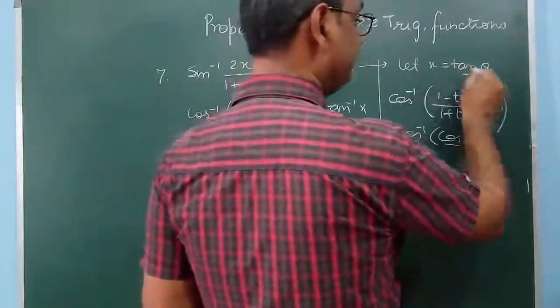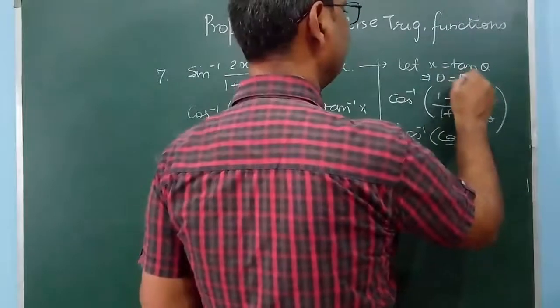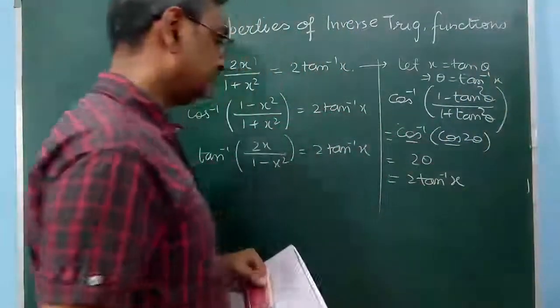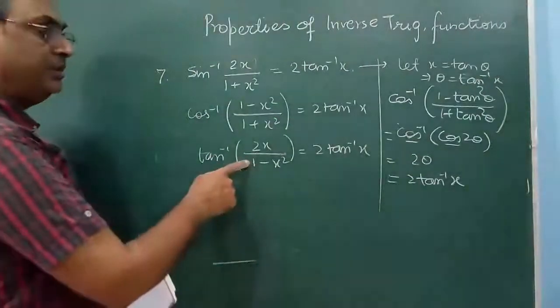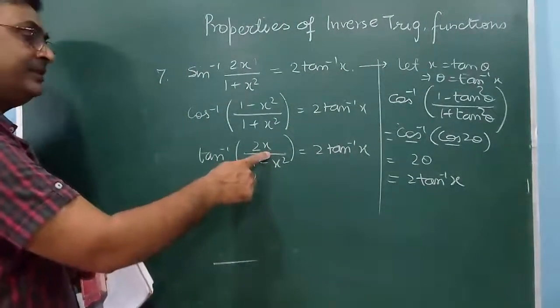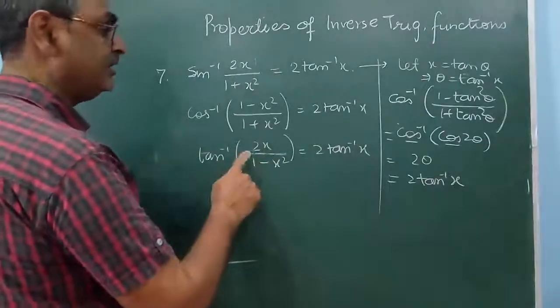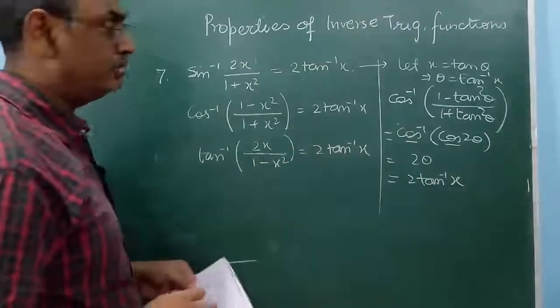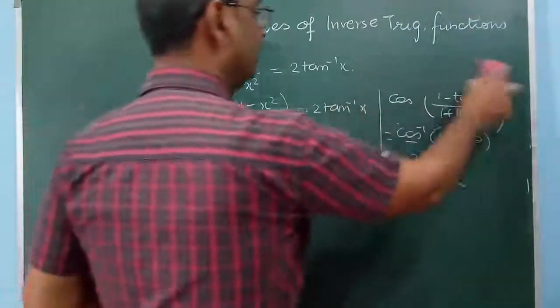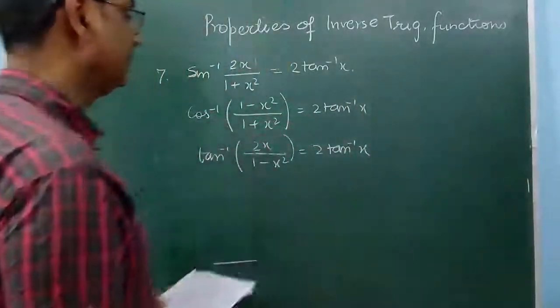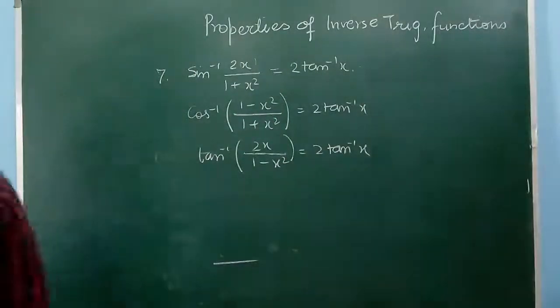Here x equal to tan theta implies theta equal to tan inverse x. The same we can do here. We can put x equal to tan theta, 2x upon 1 minus tan square theta, that is tan 2 theta. Tan 2 theta will be giving you 2 tan inverse x. So these are very important formulae in inverse trigonometry. You have to understand all these.